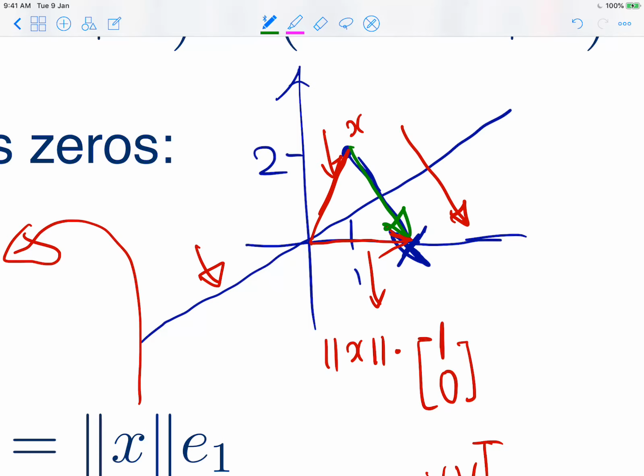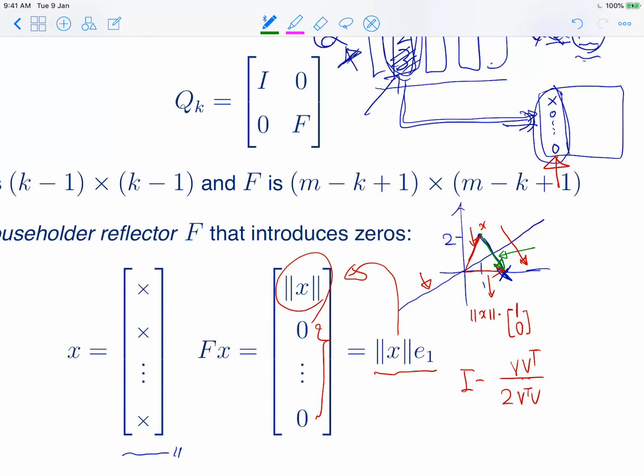What was the component corresponding to this? It was minus 2 times v v transpose over v transpose v, times x.